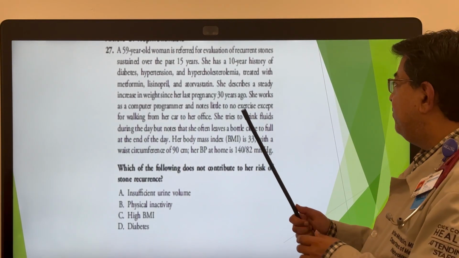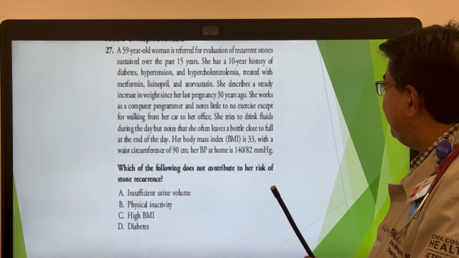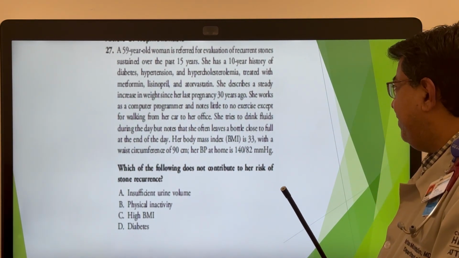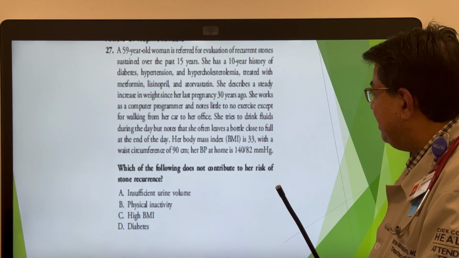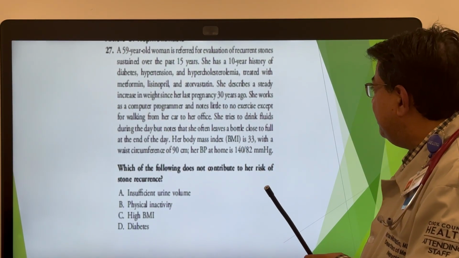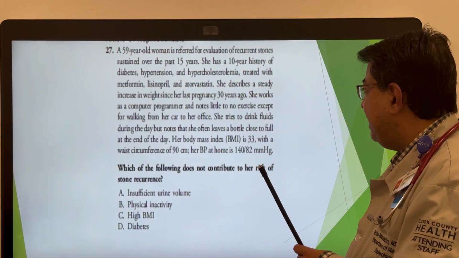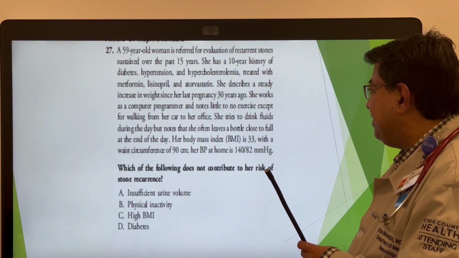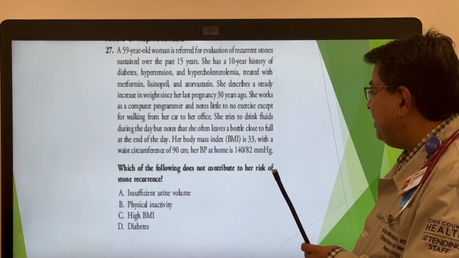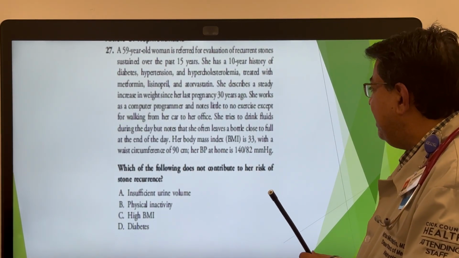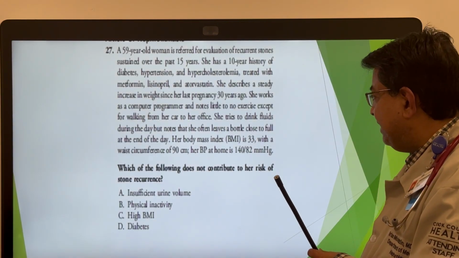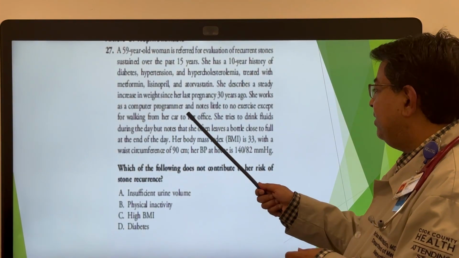A 59-year-old woman is referred for evaluation of recurrent stones sustained over the past 15 years. She has a 10-year history of diabetes, hypertension, and hypercholesterolemia, treated with metformin, lisinopril, and atorvastatin. She describes a steady increase in weight since her last pregnancy 30 years ago. She works as a computer programmer and notes little to no exercise except for walking from her car to her office.